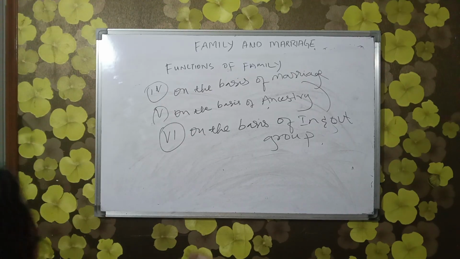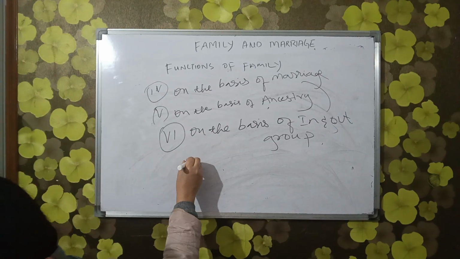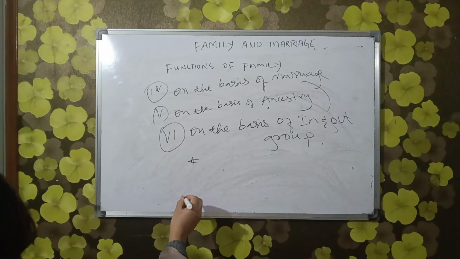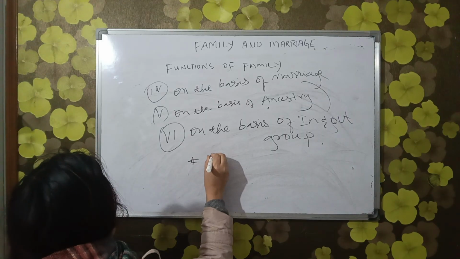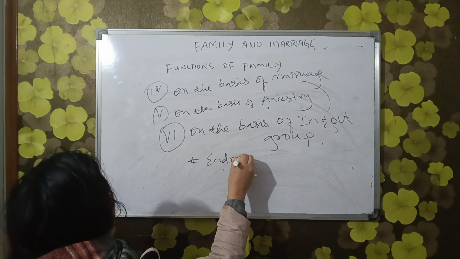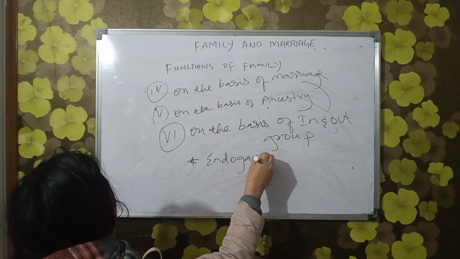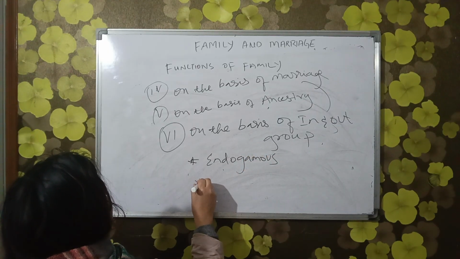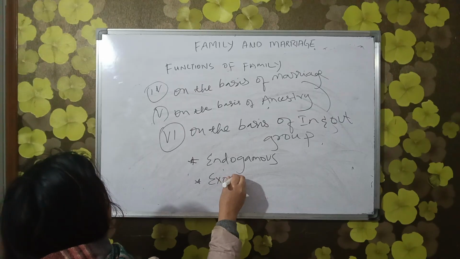On the basis of in and out group, the family is divided into two types. First one is endogamous and the second one is exogamous.